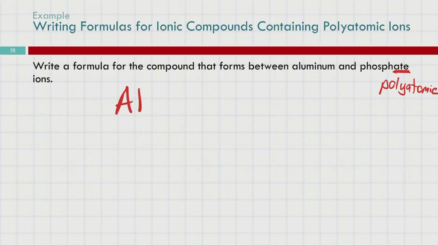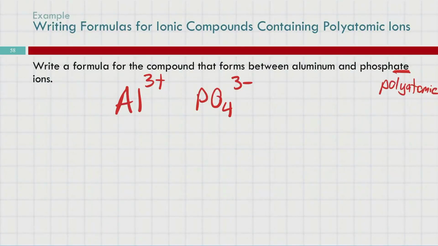So aluminum, we find it on our periodic table again. It's in the 3A, so it's aluminum 3+. Phosphate, we can find on our green sheet that's up in that top section, oxyanions. Phosphate is PO4 with an overall 3- charge.